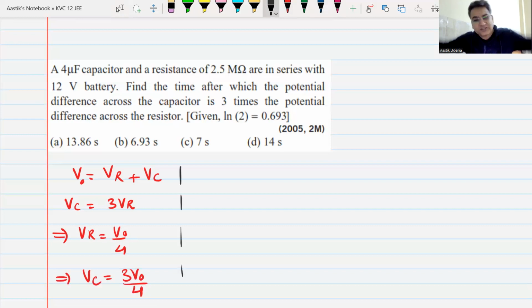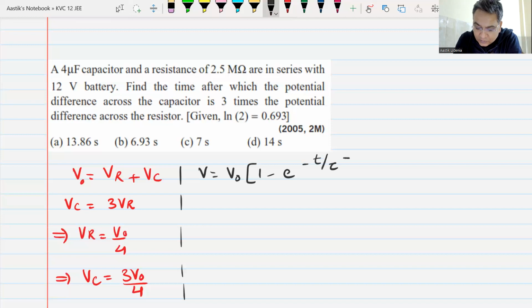And then the same question, sir, which we have done so many times. V is equal to V naught times 1 minus e to the power minus t by tau. We have done it so many times now. This is 3 V naught by 4 is equal to V naught into 1 minus e to the power minus t by tau.